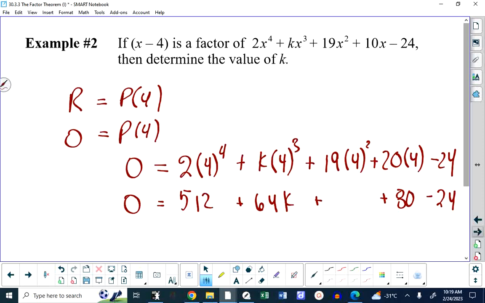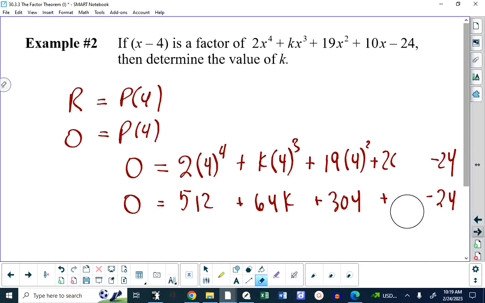Is this 304? Okay. Getting to that age where my memory slips from time to time and I just like to practice them. Oh, thank you very much. So it's not 80. It's 10x, so this is 40. Good catch. It is 512, 64, 304.